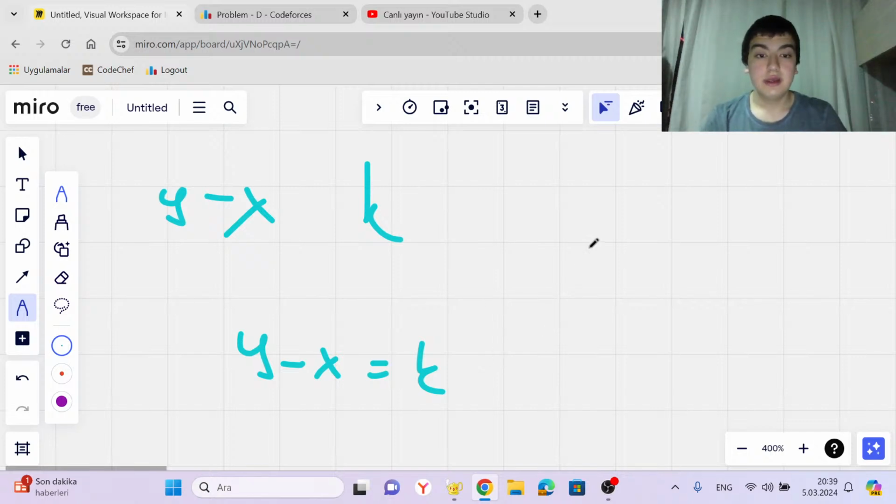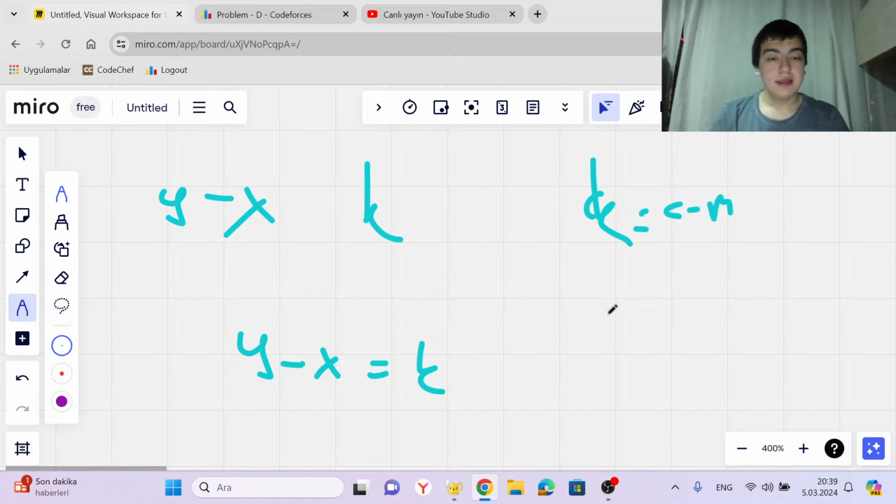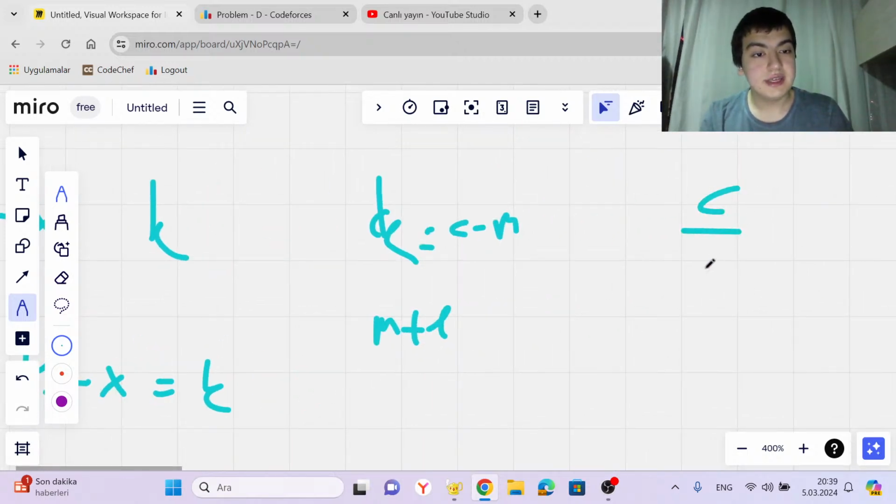Let's think. We said that if a number k equals C minus M, then the answer will be M plus 1. Yes, because in C, there is only one option.